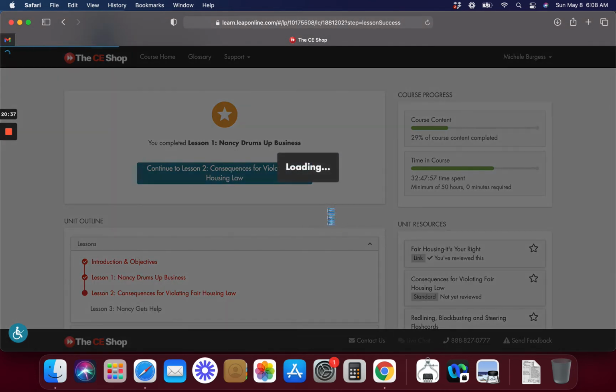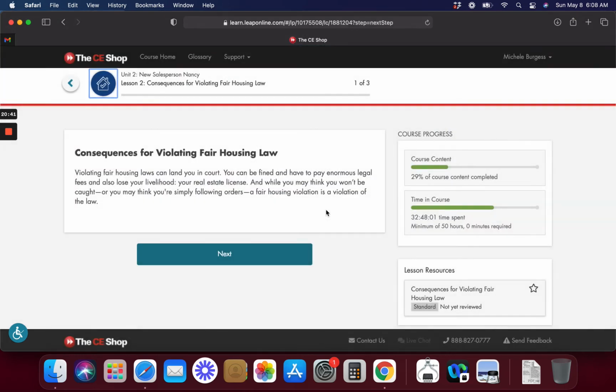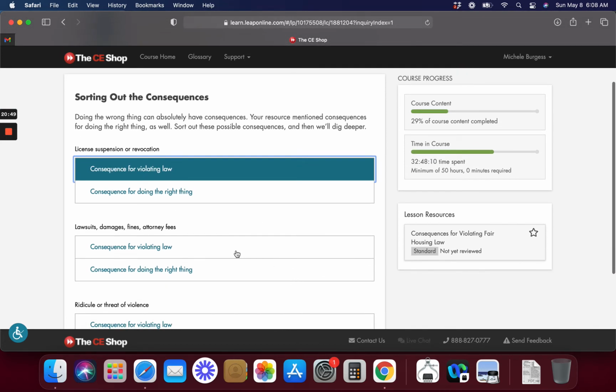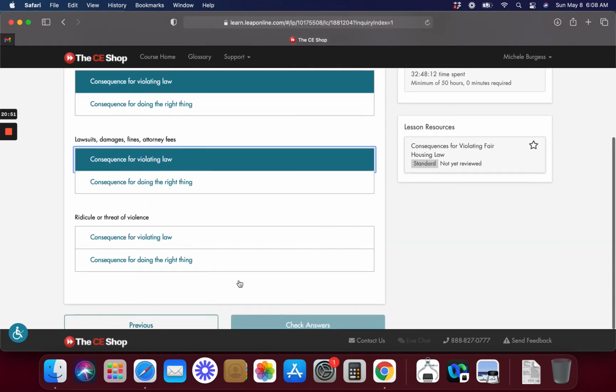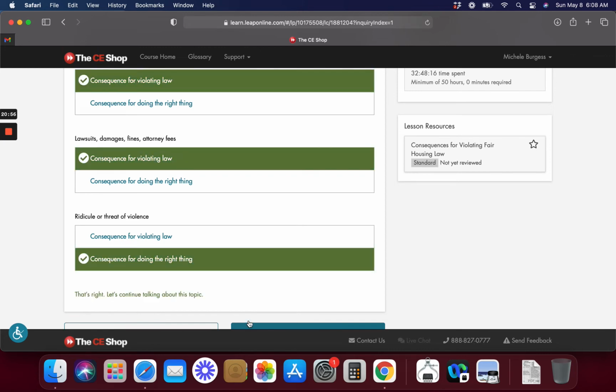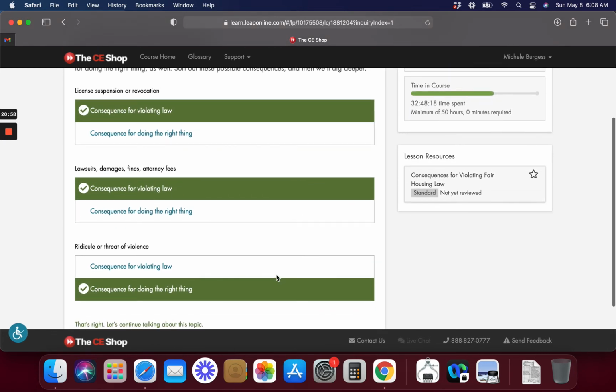Consequences for violating it. Okay, let's look at this. License suspension, lawsuits, damages, attorney fees, ridicule or threatening of violence. All right, let's check our answers. That's right. I didn't even need to read anything for that, but we're going to open it up anyway and look at it.